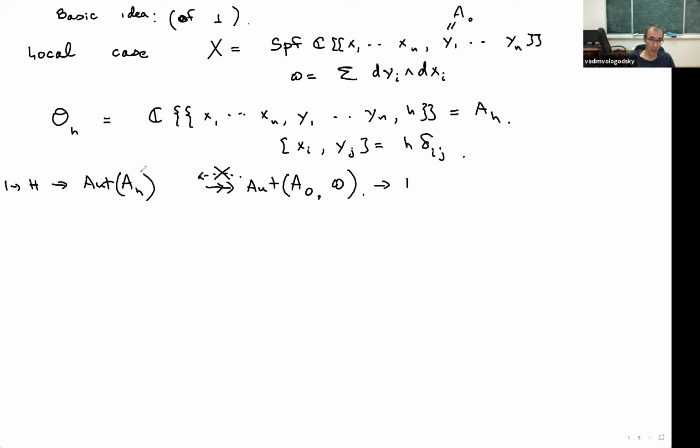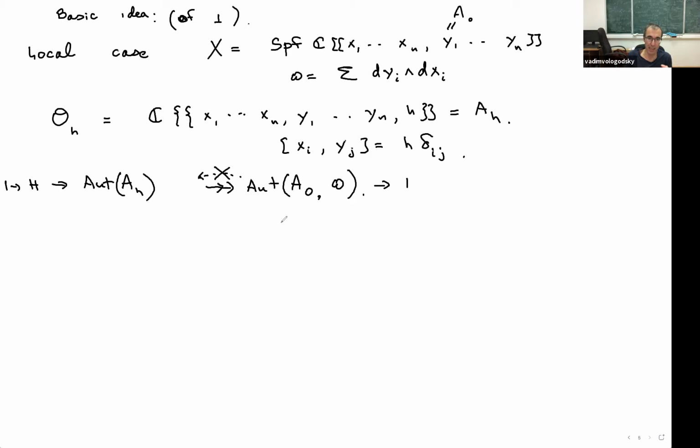I think so. In this group you have, for example, infinitesimal translations. Think of A0 as really the functions on the formal disk. So I consider automorphisms of this formal disk. In particular, I can consider translations by an infinitesimally small number, right? So that's an example of an automorphism that I consider.